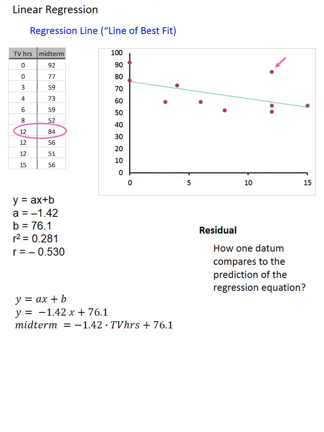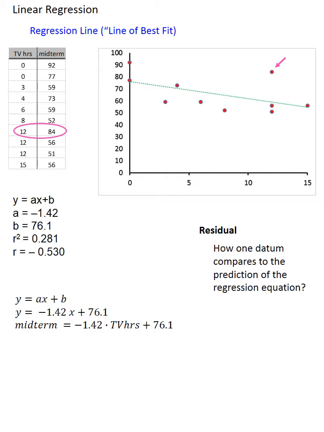Let's look at this unusual person here. This person spent 12 hours watching TV and yet managed to score an 84 on the midterm. And just by that point's location on the graph by itself, it does appear to be quite above what we would expect.